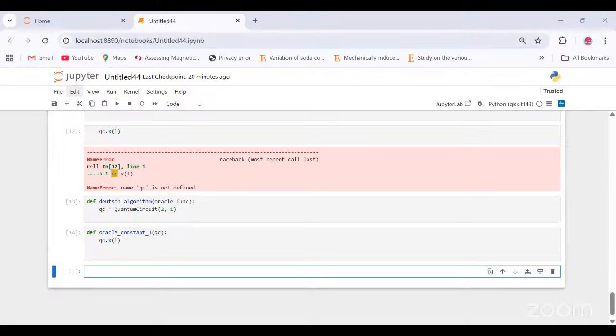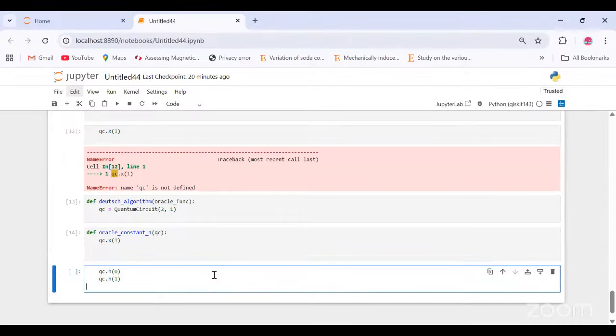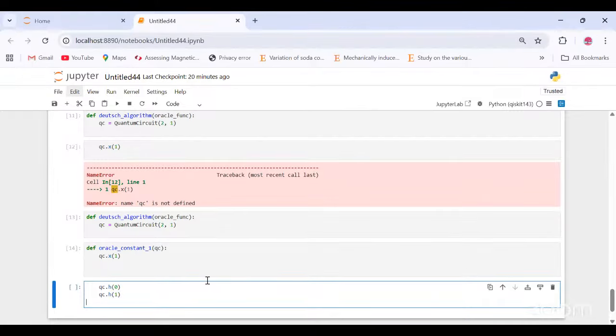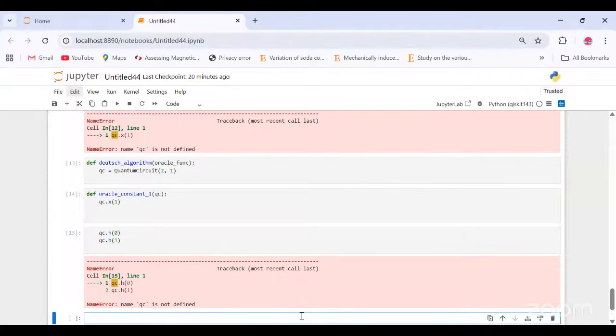Now I think we will do a Hadamard gate. Like this. We have to define this oracle constant also, I think, yes.